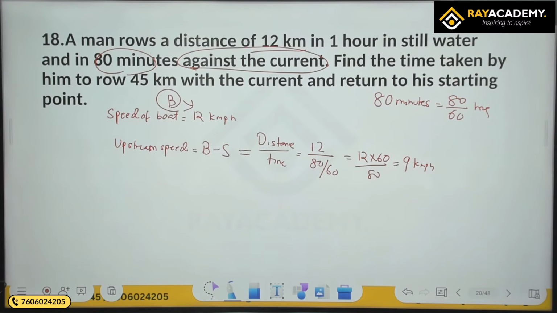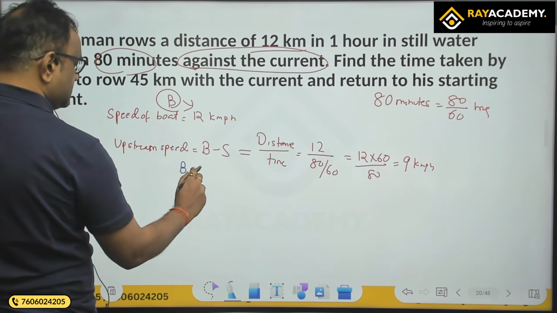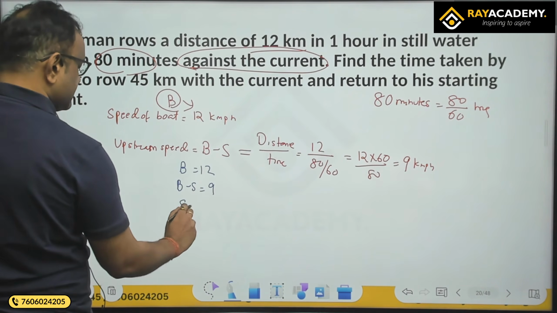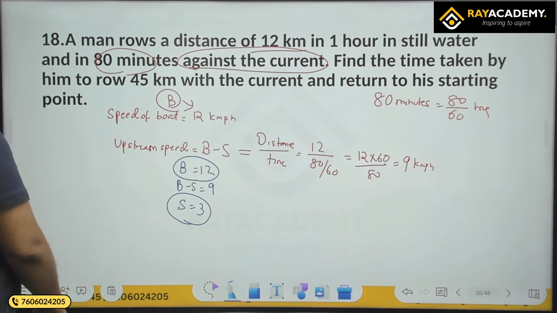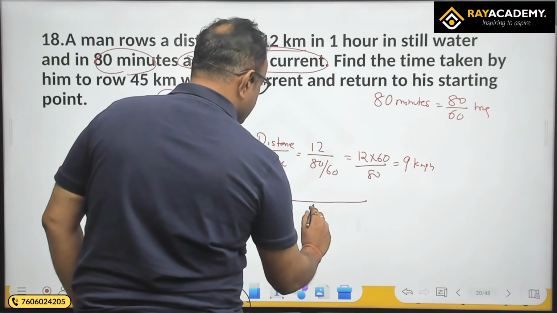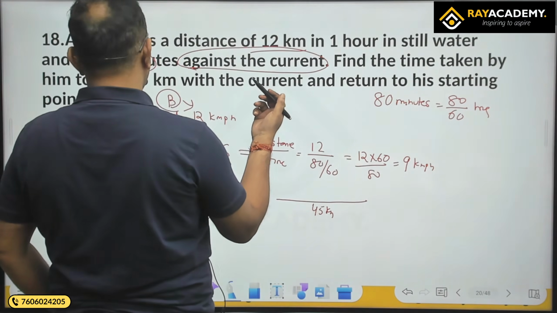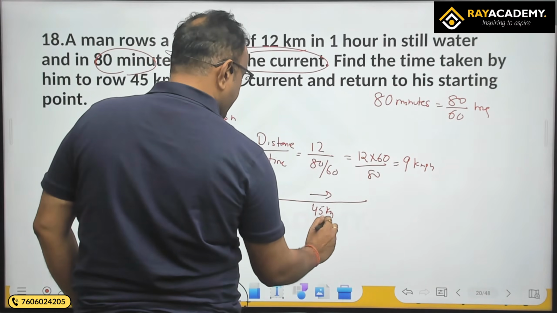Now they are asking to find. Okay, first let us find out. B is given 12 and B minus S equals 9. So what is S? S equals 3. So you got B, you got S. Okay, now what are they saying? 45 kilometer he has to go with the current, and he has to come back.